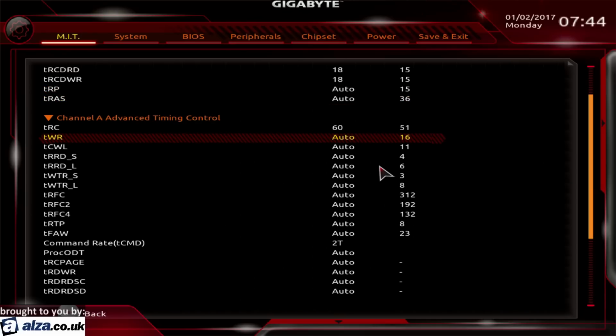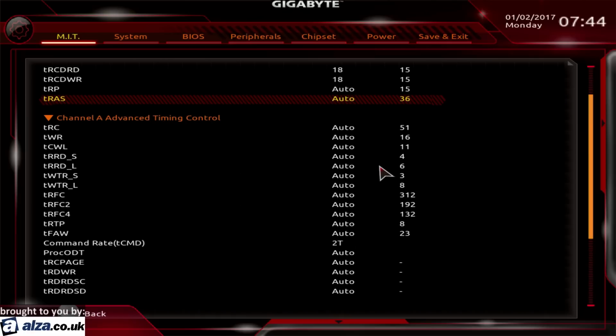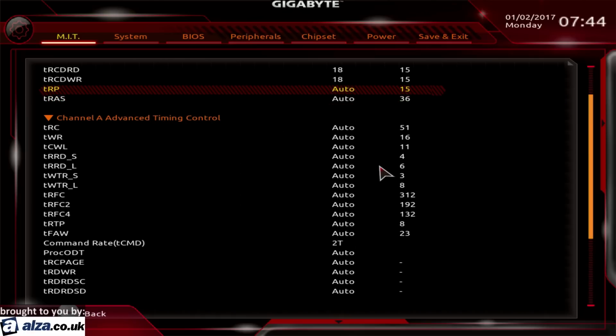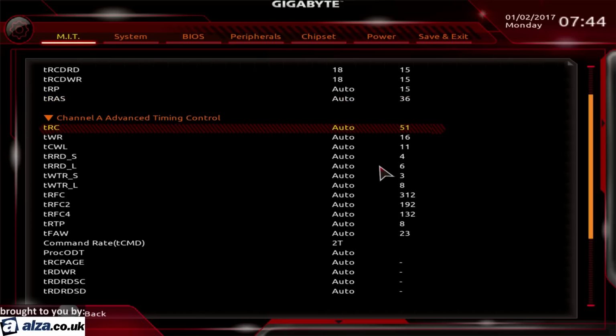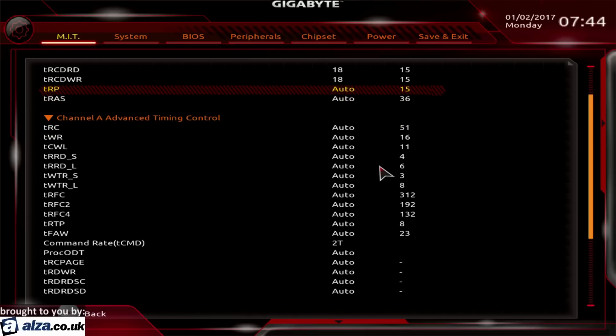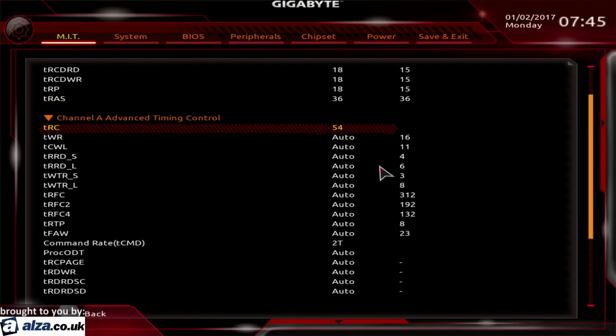Either way, I had the TRAS too high and the TRP really high, and changing TRAS fixed the problem. It was probably because the TRC was being set too low automatically. So TRC above your TRP plus TRAS. For 18 and 36, your minimum value would be like 54.